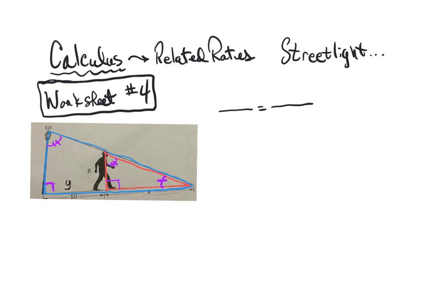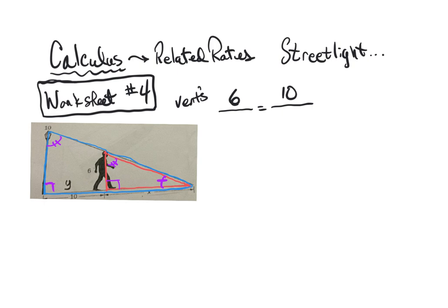The height of the person is 6 feet, the height of the street light is 10 feet. These are the vertical distances in our problem, and those are proportional, so equal to the ratio of the horizontal pieces.